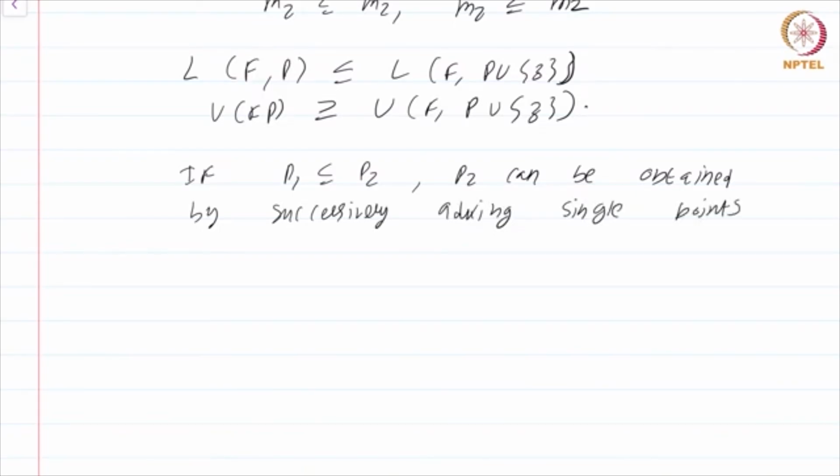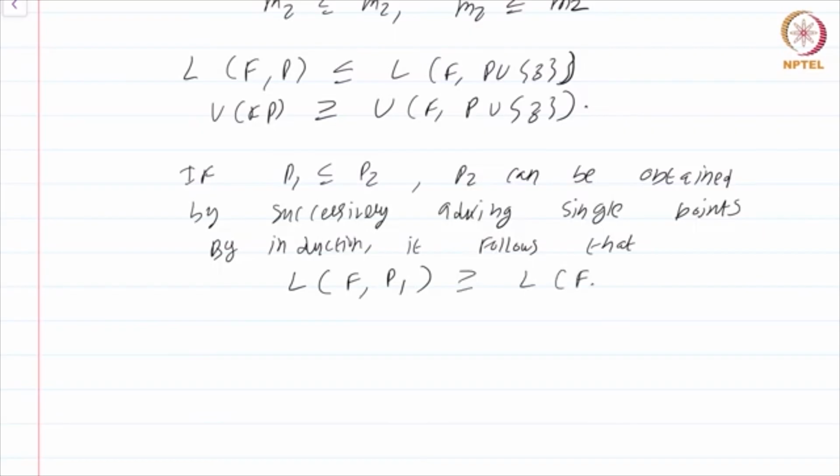Right? You keep adding one point at a time. By induction, it follows that L of f P1 is less than or equal to L of f P2, and U of f P1 is greater than or equal to U of f P2.